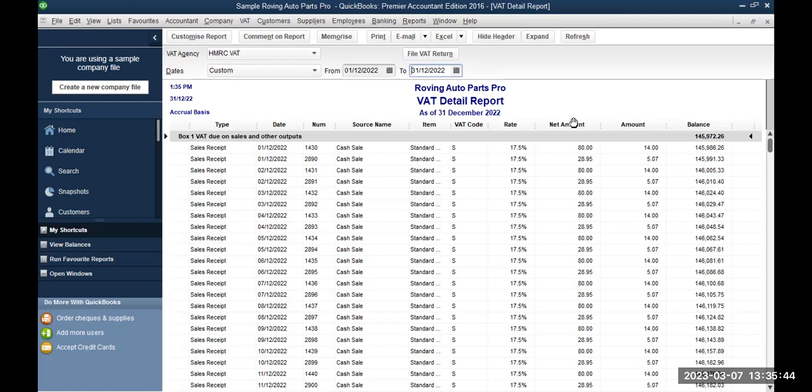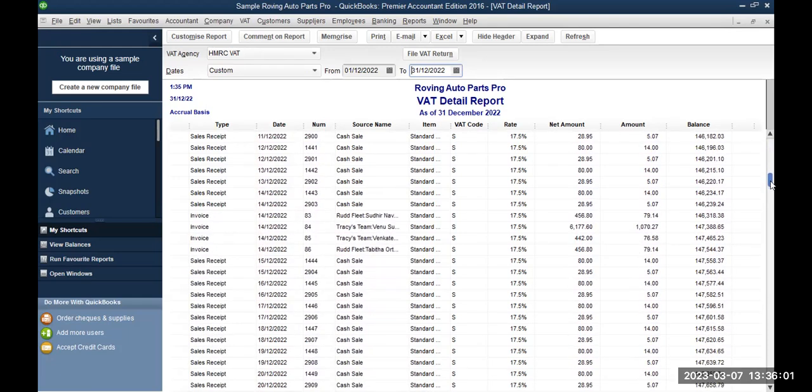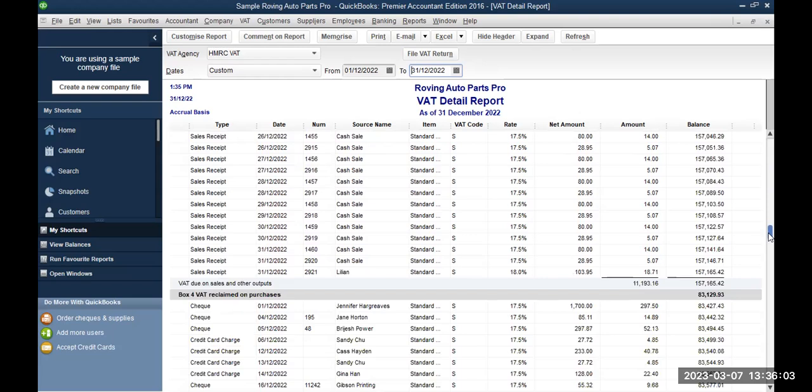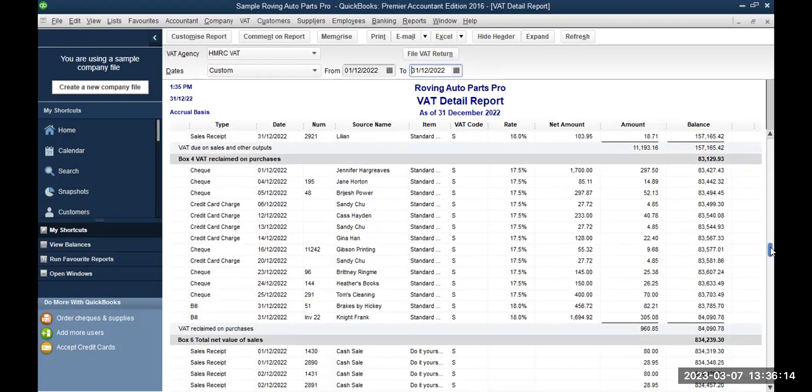This column shows you the net of VAT, and this other column shows you the actual VAT amount that was levied on that particular receipt. So it will list all the VAT, output VAT, as we call that. And then at the bottom here, it will show you what your total output VAT is. In this case, it's 11,193.